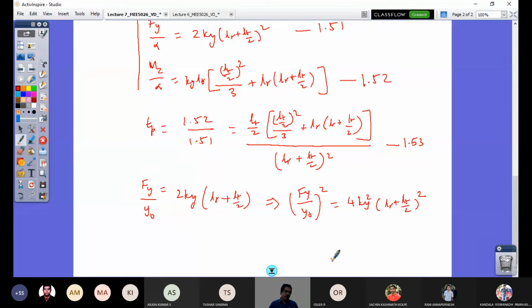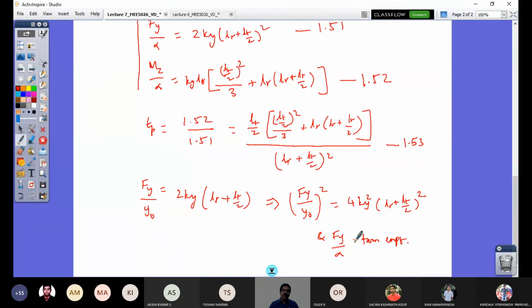So this equation, and I have here my Fy by alpha expression from experiment, right? So here I have this equation Fy by alpha, and I have here this expression.